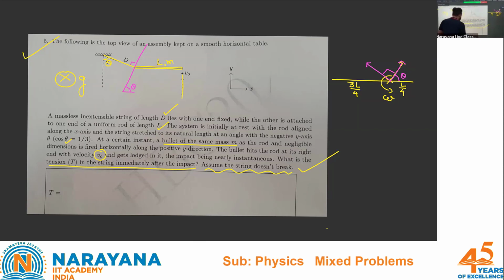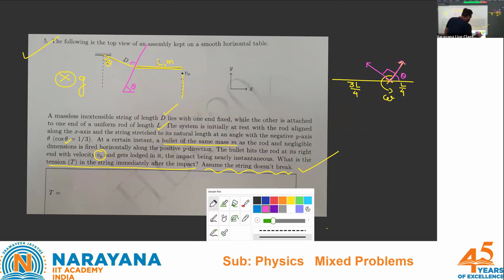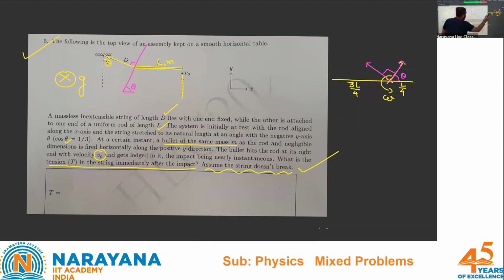What is more relevant for me is that just after the impact, I do generate an omega, and the end point of the rod here does acquire a velocity which will be perpendicular to this string, and let us call that velocity some u. Because by constraint, this end cannot have any velocity along the length.